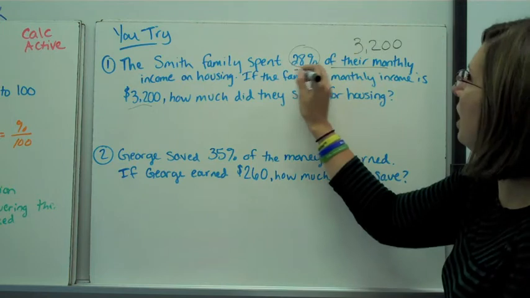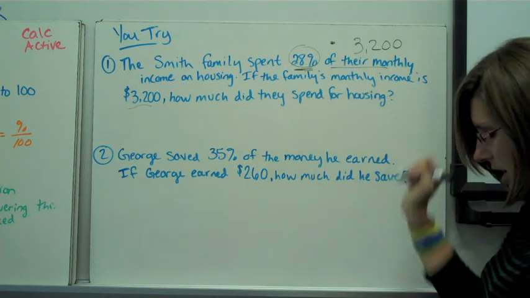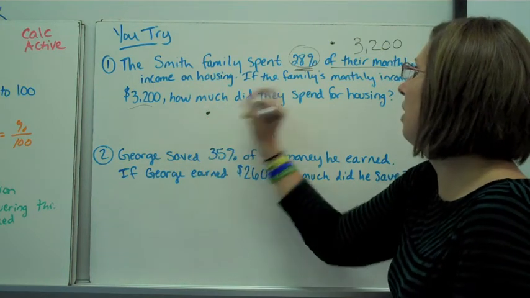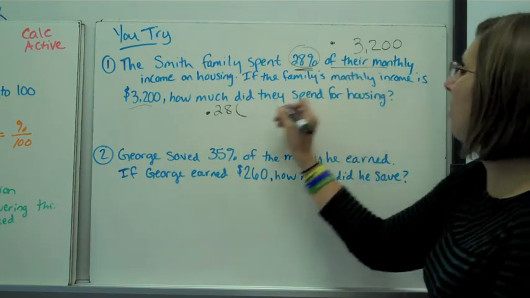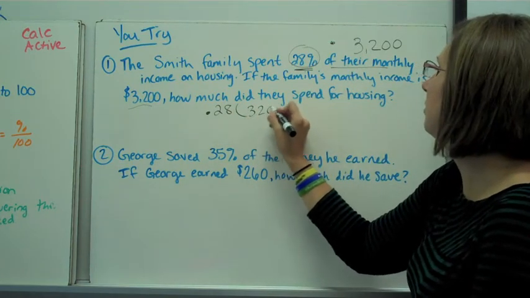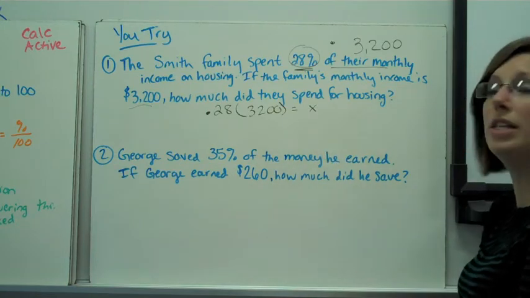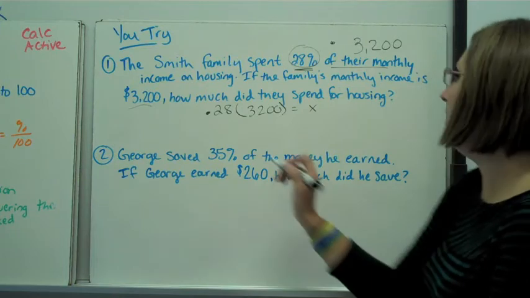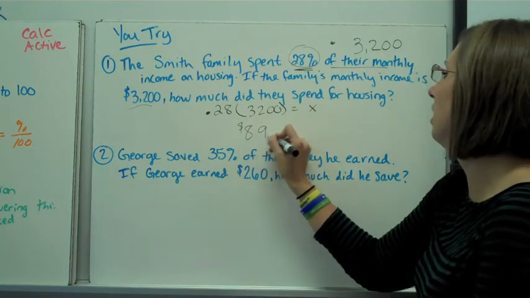So 28% of means times this number. I'm just going to multiply my percent in decimal form by 3,200. That's going to be how much they spent for housing. When you multiply all this together, you'll see that they spent $896 on housing.